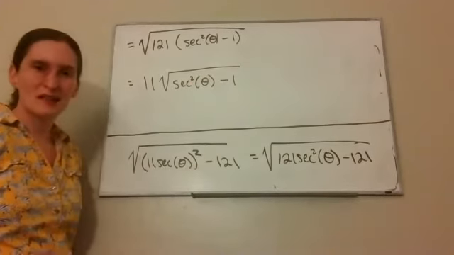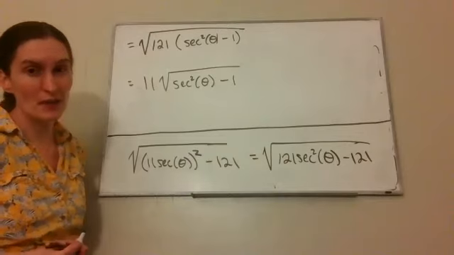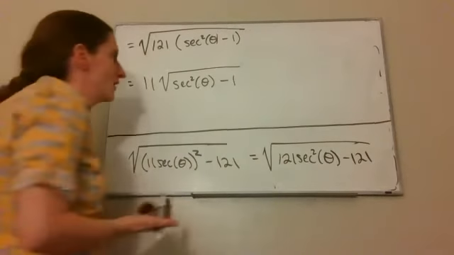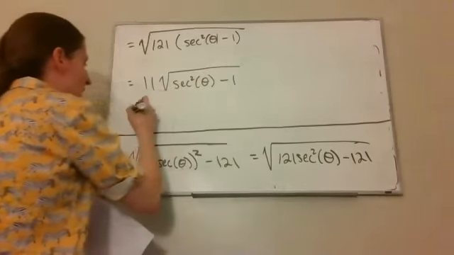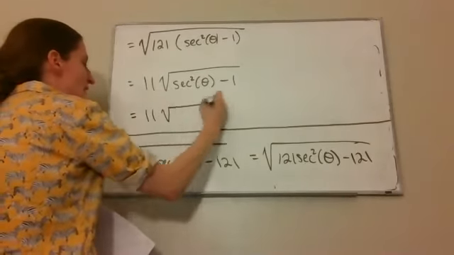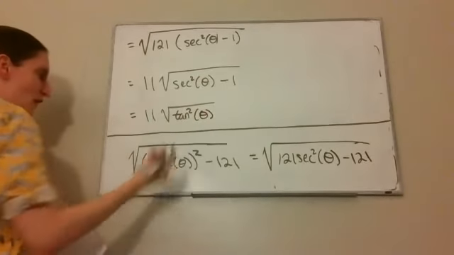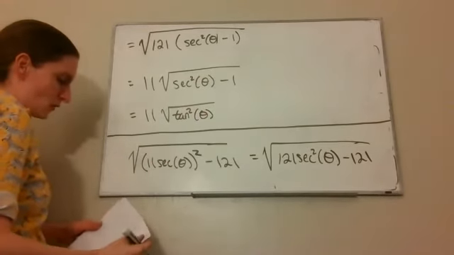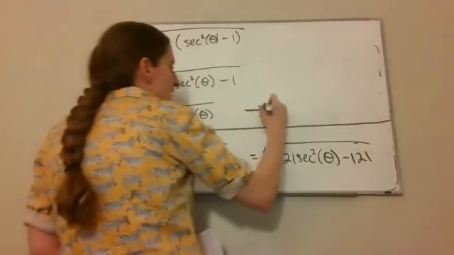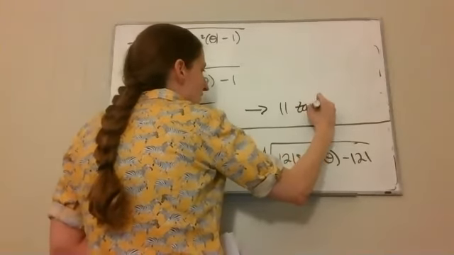What is secant squared theta minus 1? That's one of our Pythagorean identities again. Secant squared theta minus 1 is going to get me tangent squared of theta. So then the square root of that tangent squared just gives me the tangent.